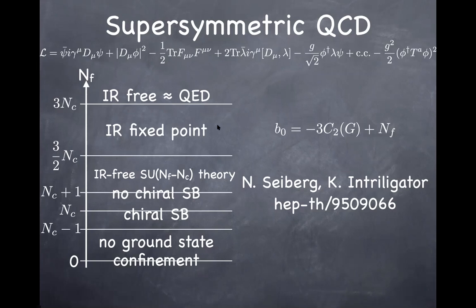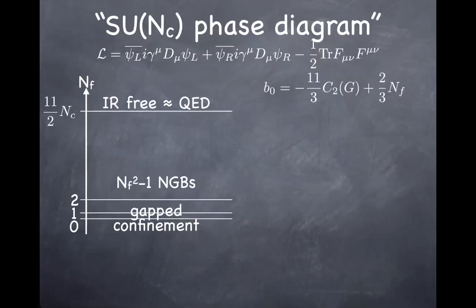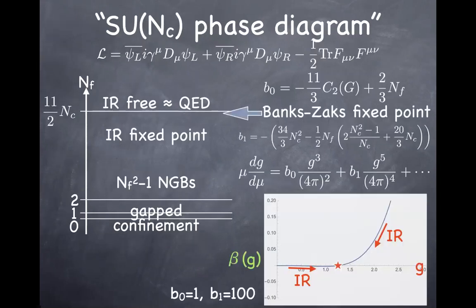The fact that a theory can become an infrared fixed point theory and become a conformal field theory at long distances seems to be confirmed when you have supersymmetry. So we think this is also true without supersymmetry, as we just talked about. But once again, what happens in this middle range of the number of flavors is something we don't know.